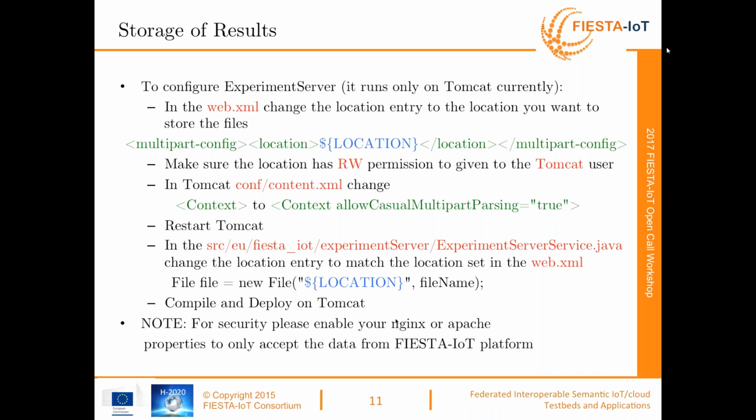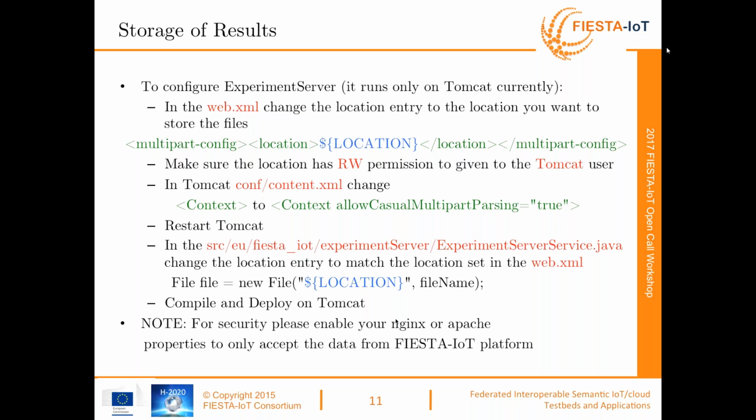As said before, for security reasons, you should enable your Nginx or Apache to accept data only from the FIESTA IoT platform. The default results that you will get will be in JSON format. In the near future, probably in version 2 of the platform or the experiment execution engine, we envision having different types also supported.